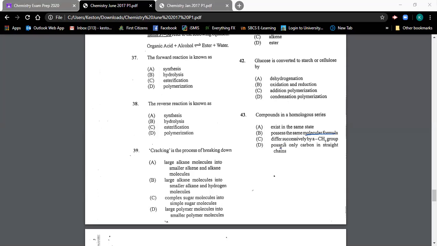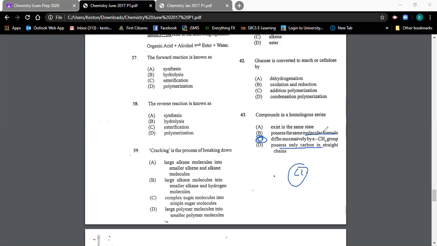They don't only possess carbon in straight chains, they could have a halogen inside there, like I showed before. But each member differs in molecular formula from the next by a CH2 group. The empirical formula is different as well, so I'm a little more tempted by that option.